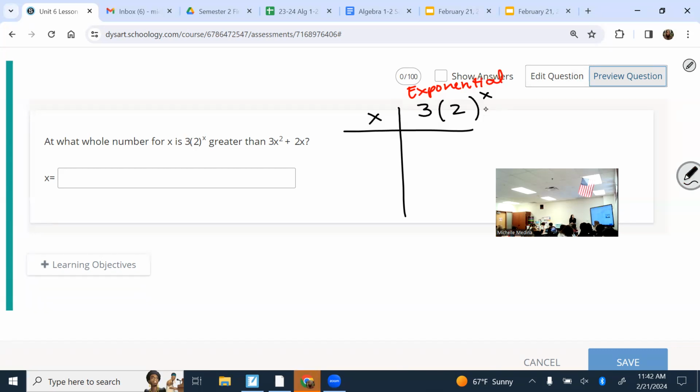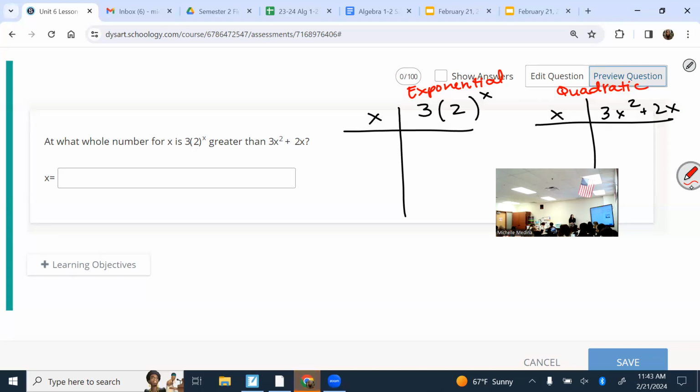And then we're going to compare it to this other function, 3x squared plus 2x. What type of function is this one? It is quadratic, because it has an x squared in it, and there's nothing higher, like an x cubed or an x to the fourth.